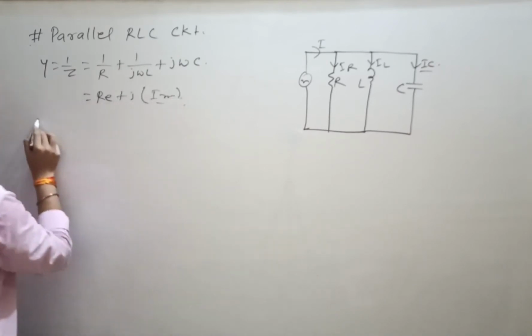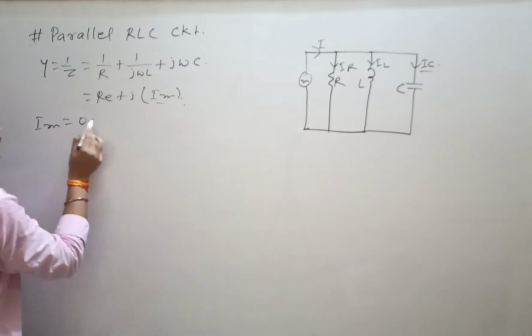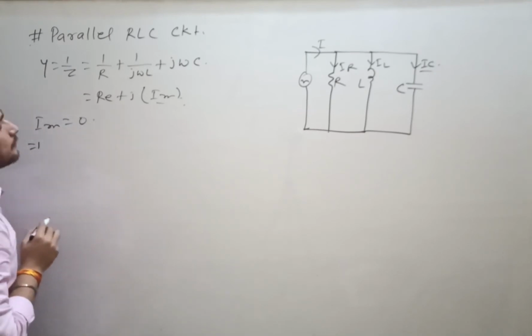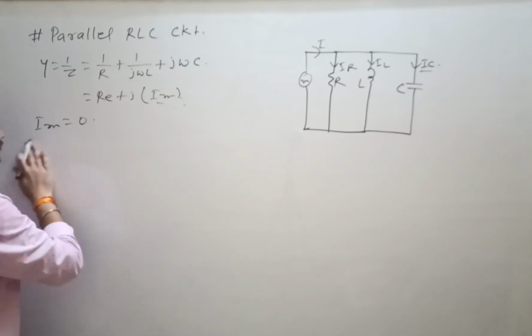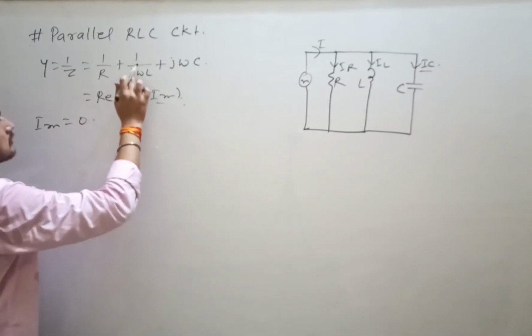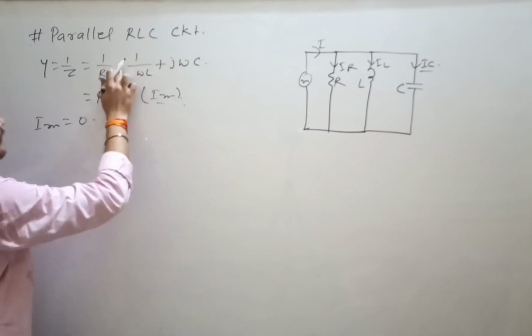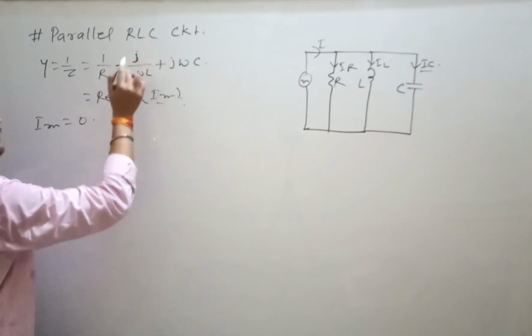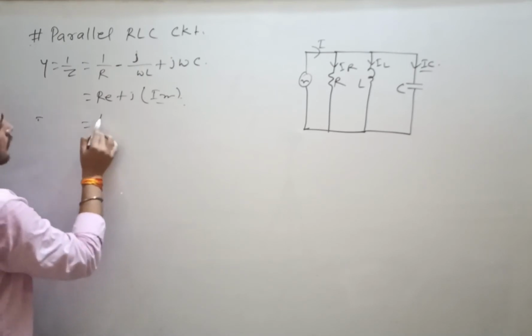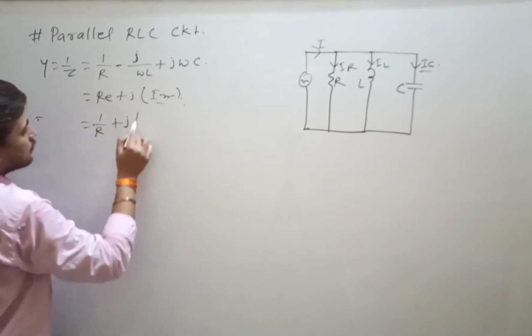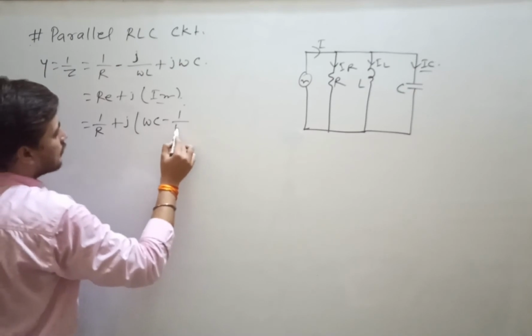Now make the imaginary part equal to 0. 1 by j can be written as minus j, so the expression becomes 1 upon R plus j into (omega C minus 1 upon omega L).